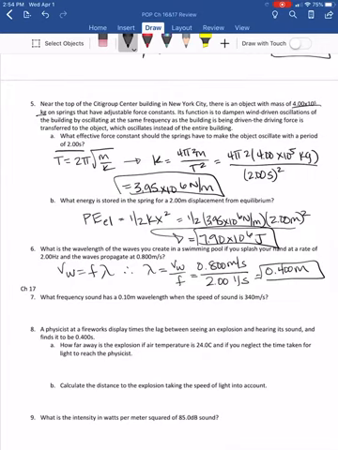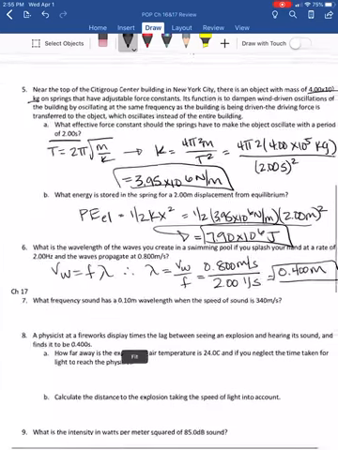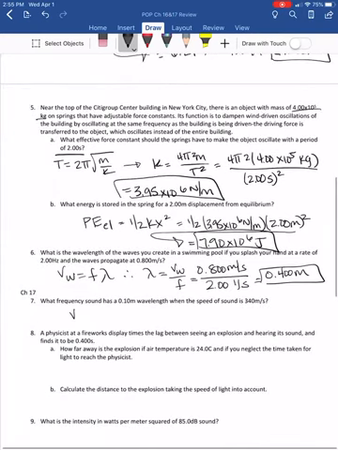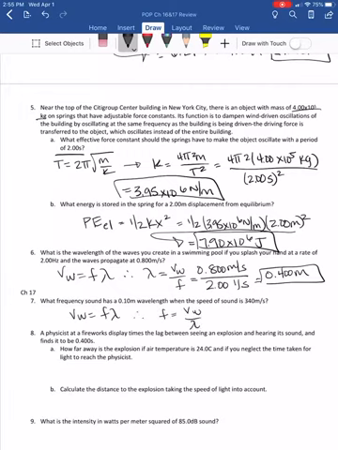This first one of chapter 17 is actually very similar to chapter 6 because it uses the same equation. It is saying what frequency sound has a 0.1 meter wavelength when the speed of sound is 340 meters per second. So this is the same equation, but now we're trying to find frequency.